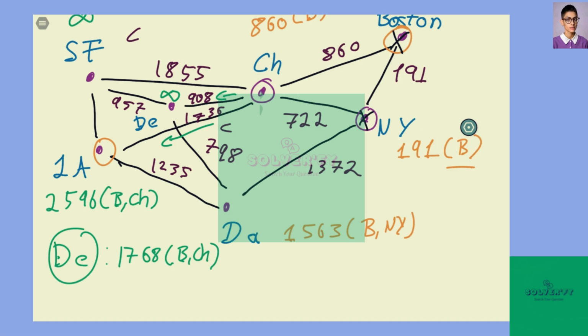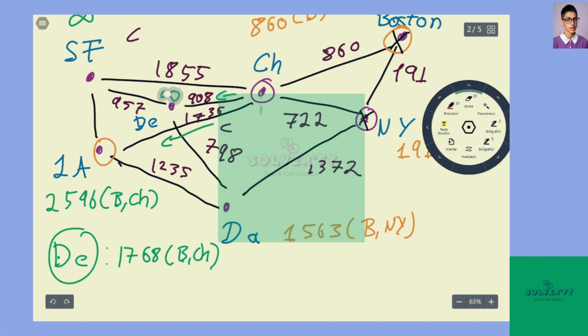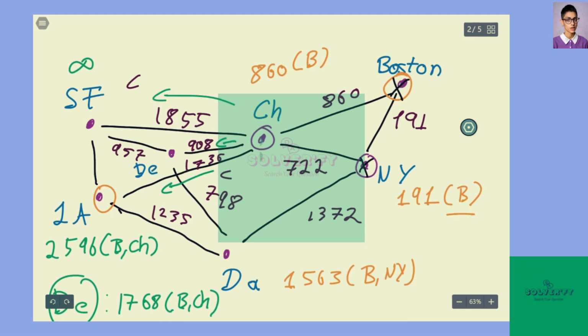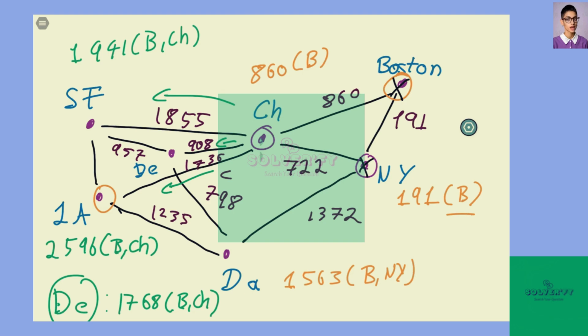Great. So we can erase this infinite here. And finally, we can reach San Francisco from Chicago. In that case, the total distance will be 1,941, and the path is Boston, Chicago, and then San Francisco.